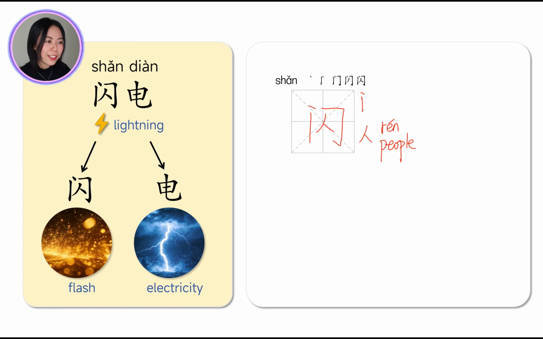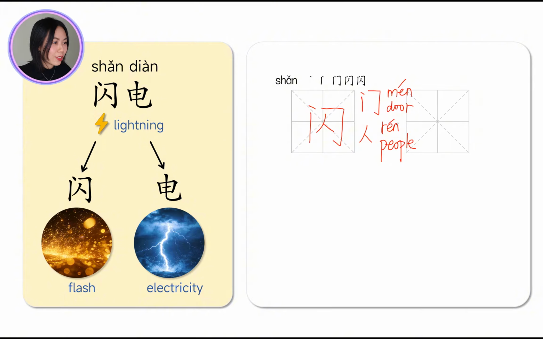So what is it on the outside? Well, actually, it's also a character. It's 门, which means door. So people in the door means flash. The original meaning of the 闪 is a person standing at the door peeping inside. So this person has to be quite sneaky and will have to escape from the scene immediately. That's kind of the concept of flash.